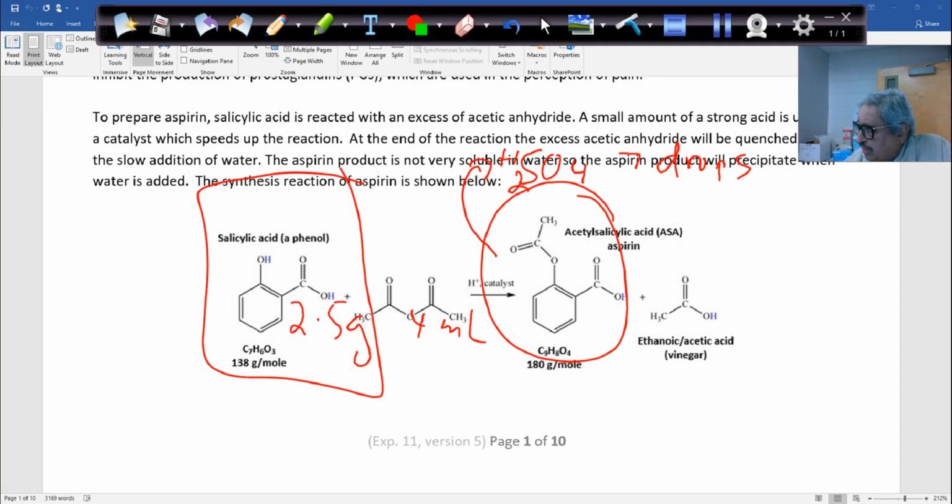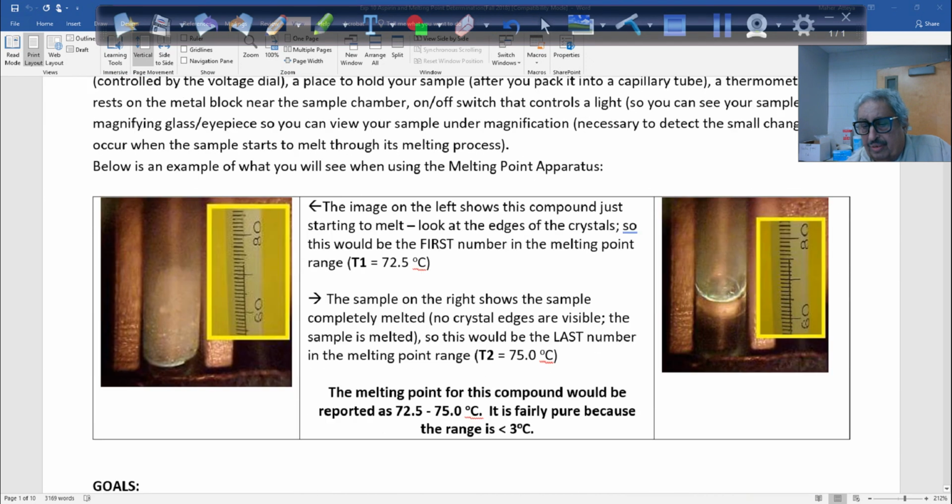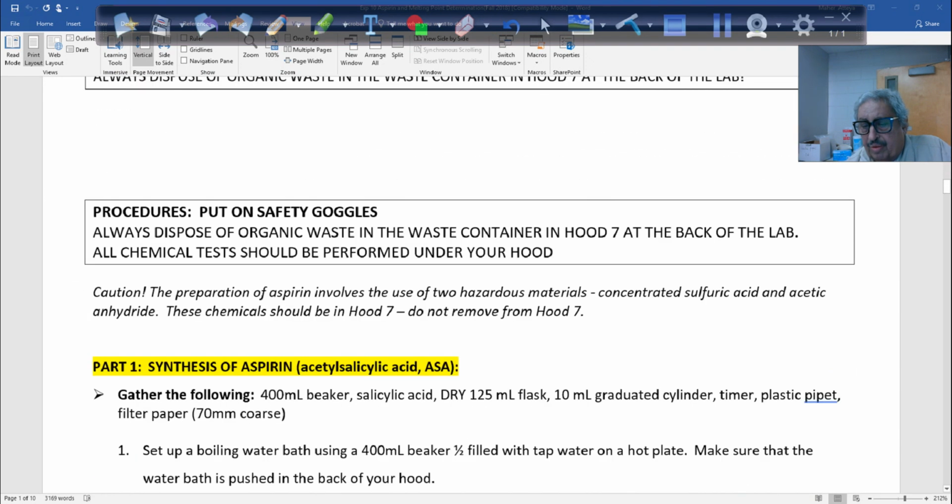After we have the whole crystals there, you'll add some icy water slowly. That will destroy the excess acetic anhydride, correct? And then you will go to the Buchner funnel, which is here. Let me show you.